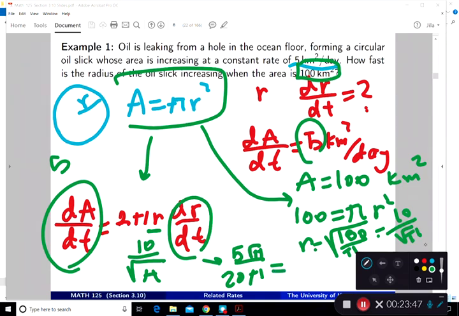Either way will give me 1 over 4 square root of pi. And what are the units for this? That's kilometer per day.